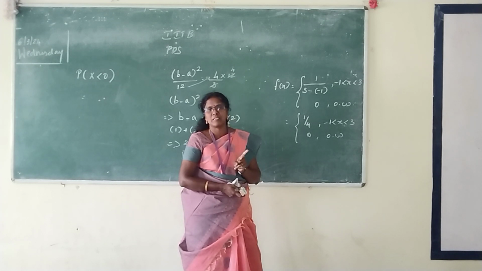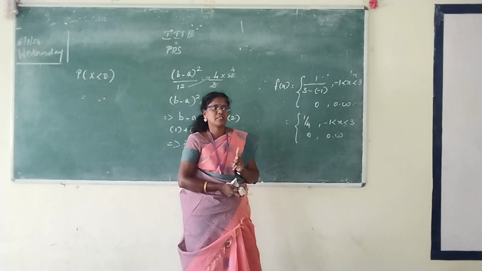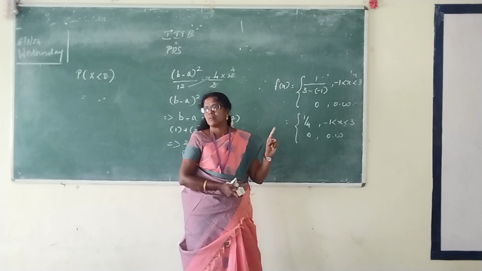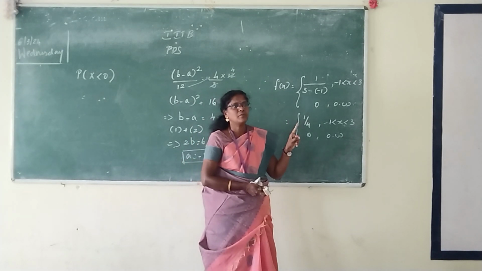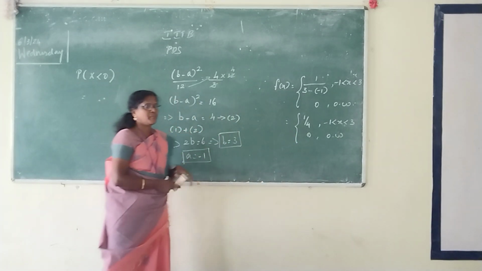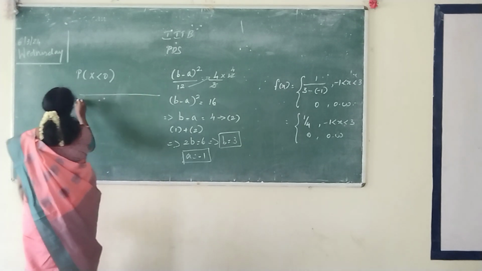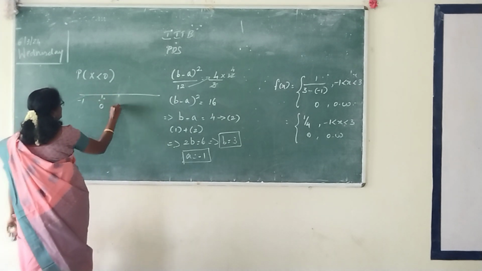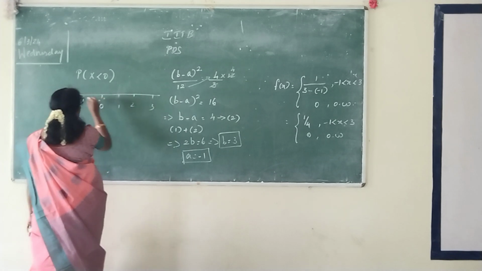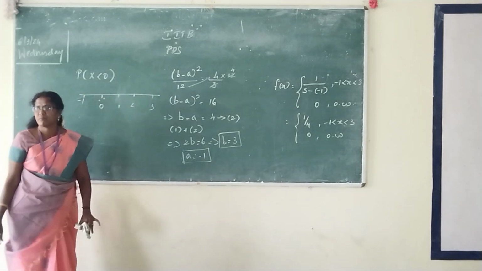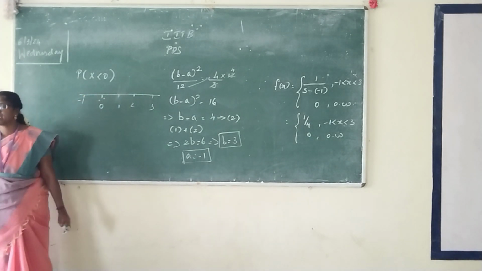Is it a discrete case or continuous case? Continuous. On the number line, minus 1, 0, 1, 2, 3. This is my interval, right? This is a continuous case now.